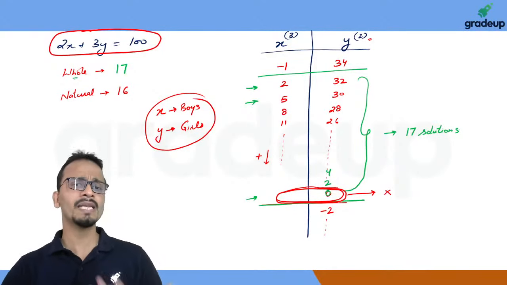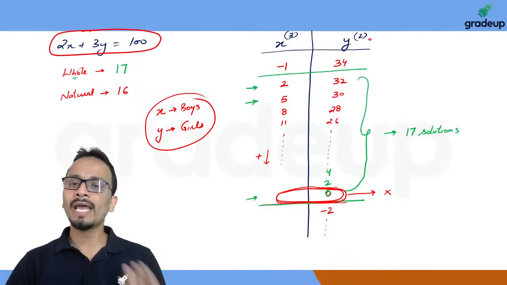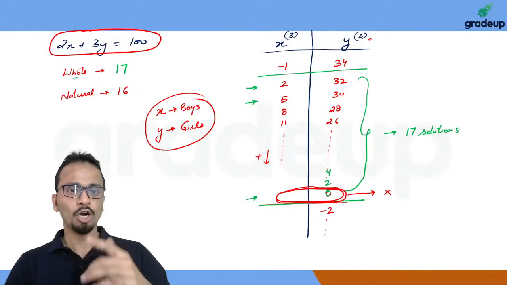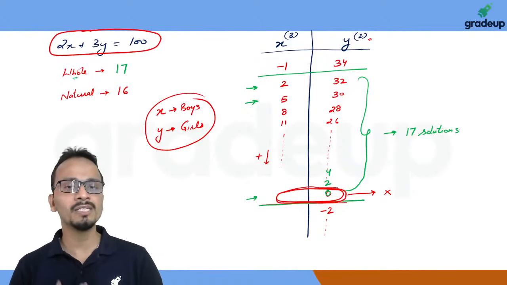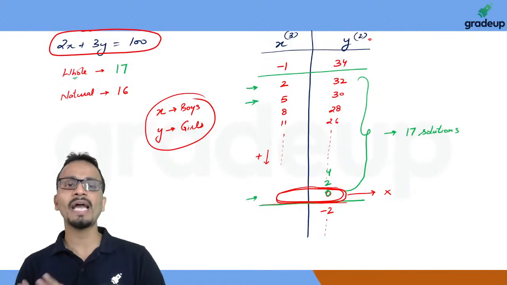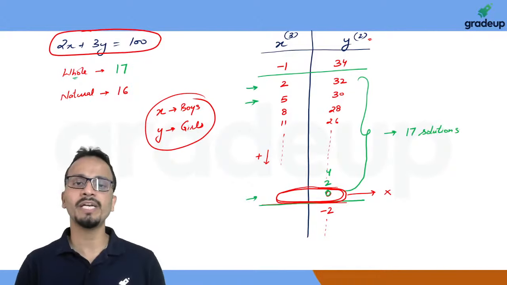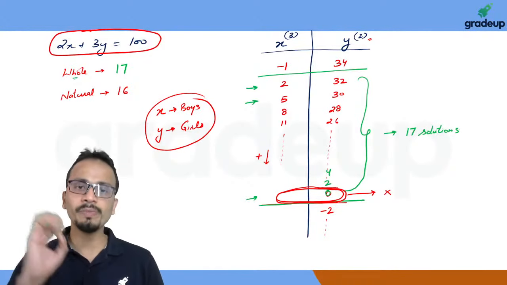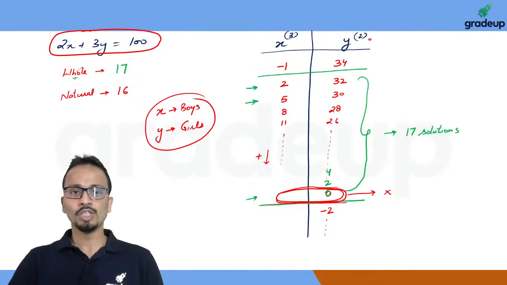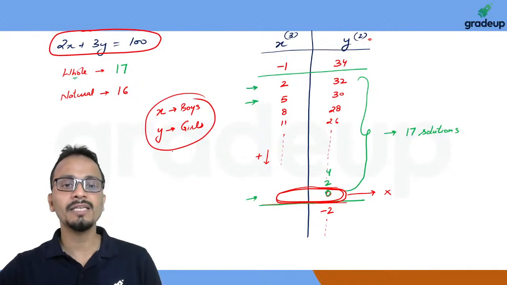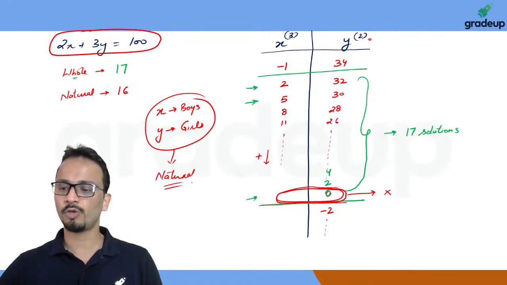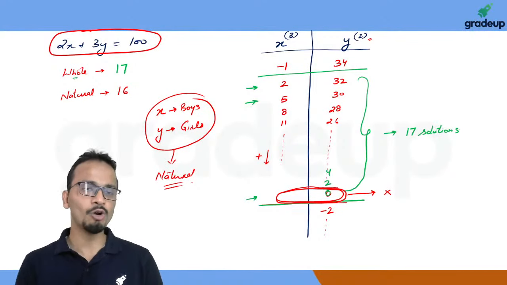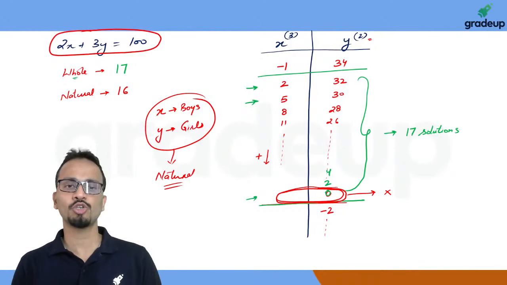The number of boys and girls could be 0 or any natural number, but since it is given that there are certain numbers of boys and girls present, I have removed the possibility of 0 as well. So I will be looking at the natural number solutions for this equation.